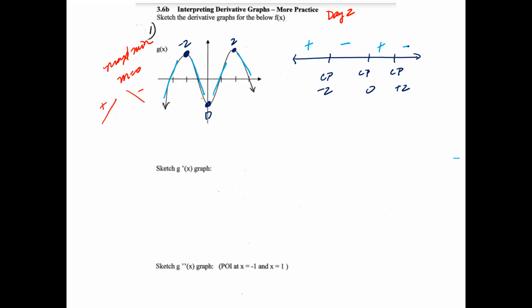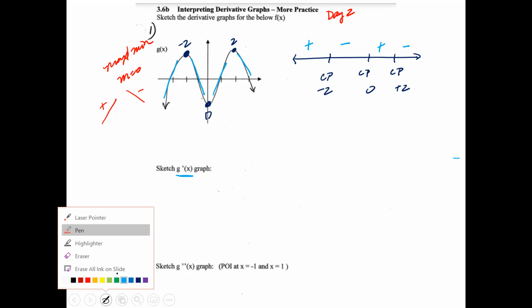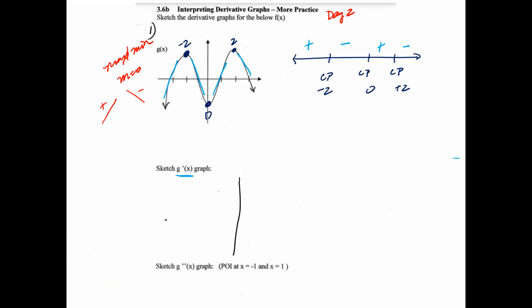Then from that, your goal is to sketch g prime of x. So you're going to use a sign line to determine that, and we're going to draw the grid like so. Just remember the rules for g prime of x is that your slope is at 0 right here when x is equal to 0.